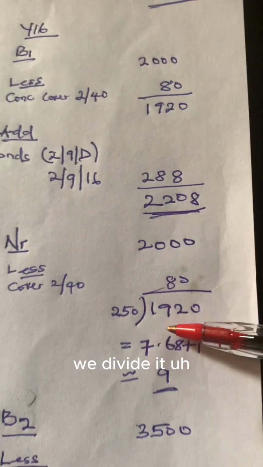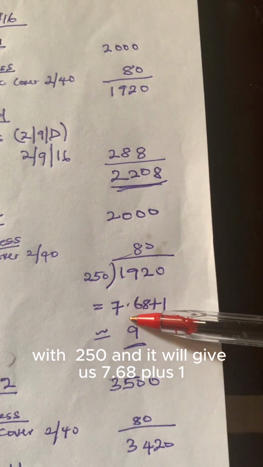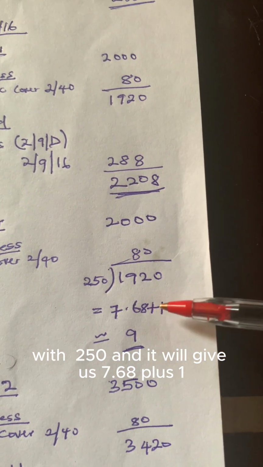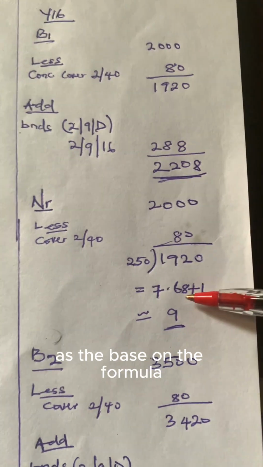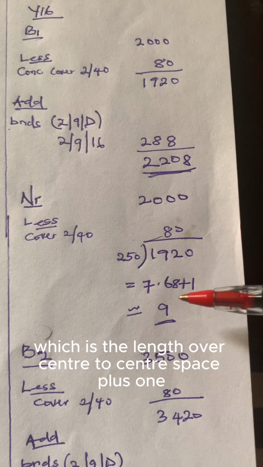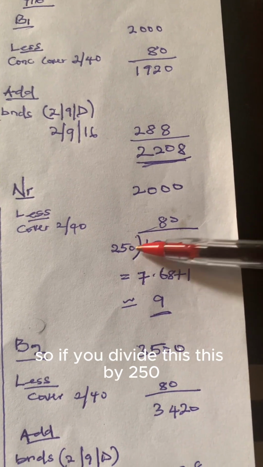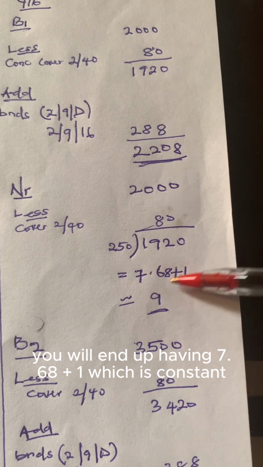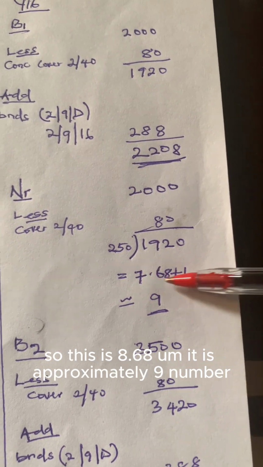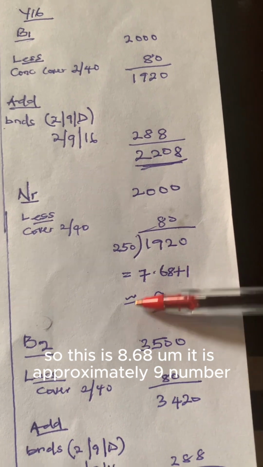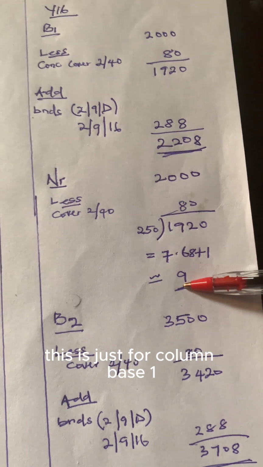We divide it by 250, and it will give us 7.68 plus 1, based on the formula, which is the length over center to center space plus 1. So this is 8.68, and it is approximately 9 numbers. This is just for column base 1.